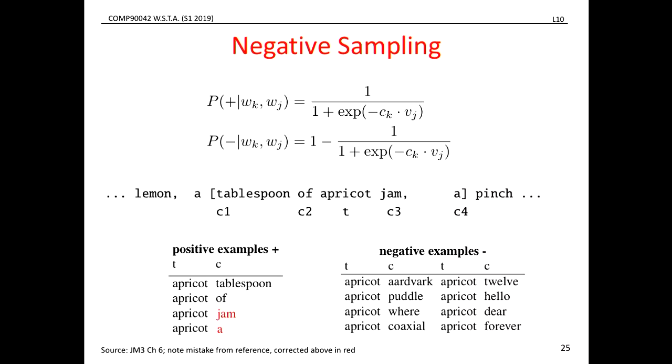Those 4 instances are going to be positive examples, and then rather than looking at the entire vocabulary of stuff that could happen, we're just going to randomly sample another, in this case, another 8 examples. So we're going to have aardvark, puddle, where, coaxial, 12, hello, dear, forever. These are words that haven't co-occurred with apricot.